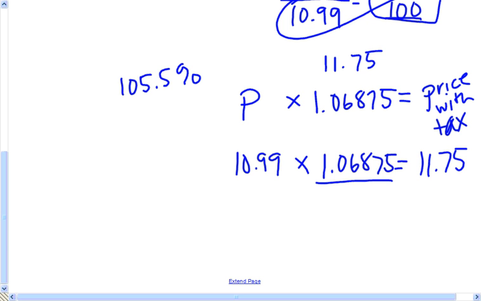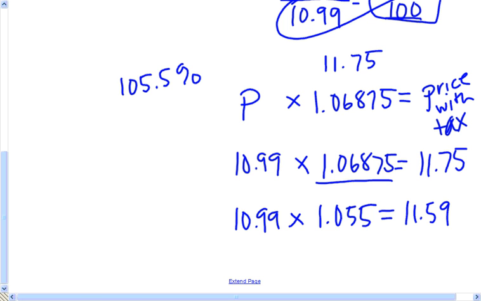And so if I bought this item for $10.99 in Wisconsin, I would multiply by 1.055 to get my price after tax, and 10.99 times 1.055 equals $11.59. So the same item for $10.99 in Wisconsin would cost $11.59.